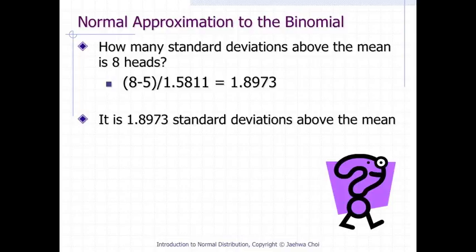Recall that the distribution has a mean of 5 and a standard deviation of 1.5811. A total of 8 heads is 8 minus 5 over 1.5811, which equals 1.8973 standard deviations above the mean of the distribution.